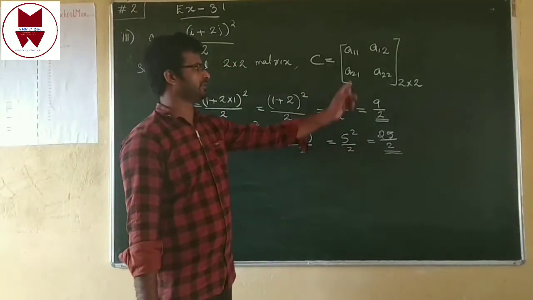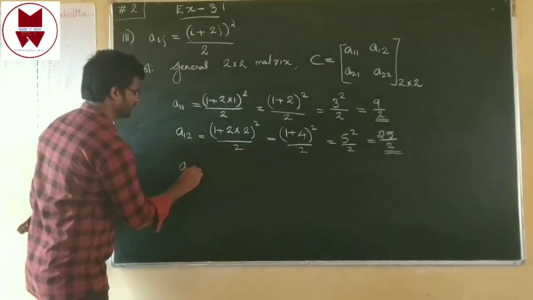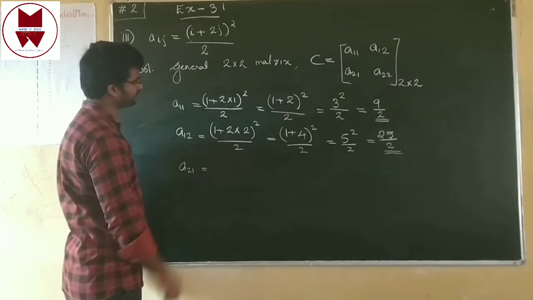The next element is A21. A21, I means 2, J is 1.